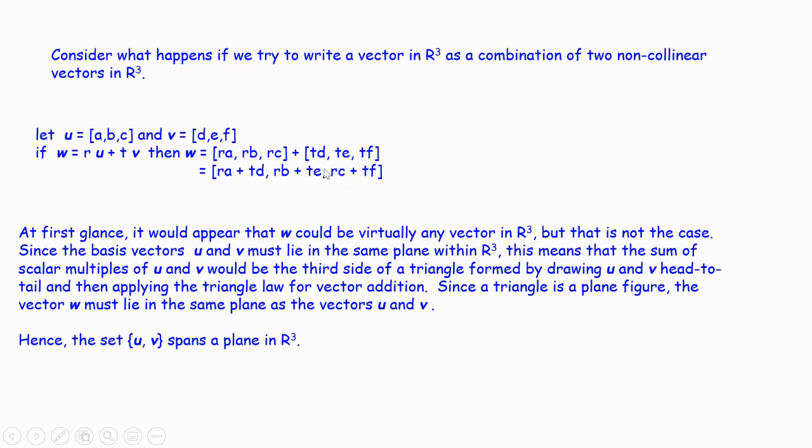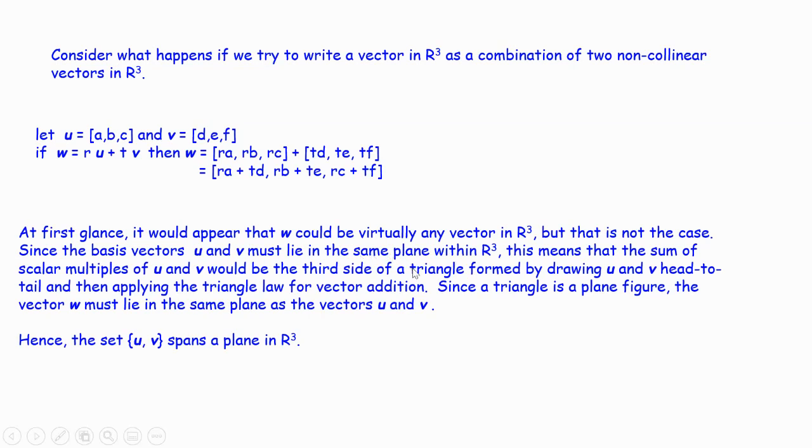Now, if you look at that, you might think that W would be virtually any vector in R cubed. But that's not the case, because this new vector that you created by just summing the first two, think of this in 3 space now, they're going to be vectors on the same plane. So if you create a third vector from summing those two vectors, guess what? That resulting vector will also be on the same plane.